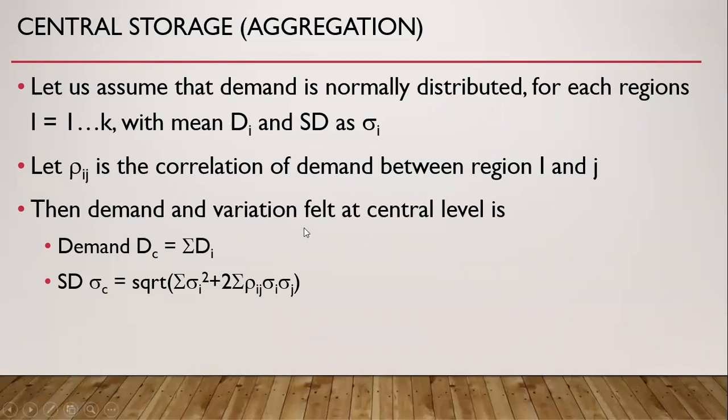Then the demand and variation felt at central level is defined as follows: demand at central level is the summation of demand of each geographical region, and the standard deviation felt at central level is equal to this entity.